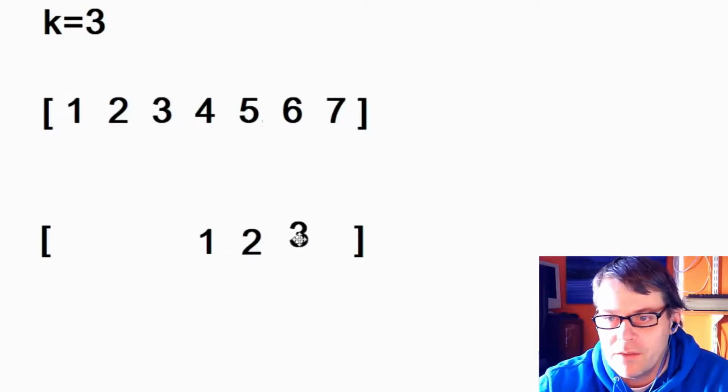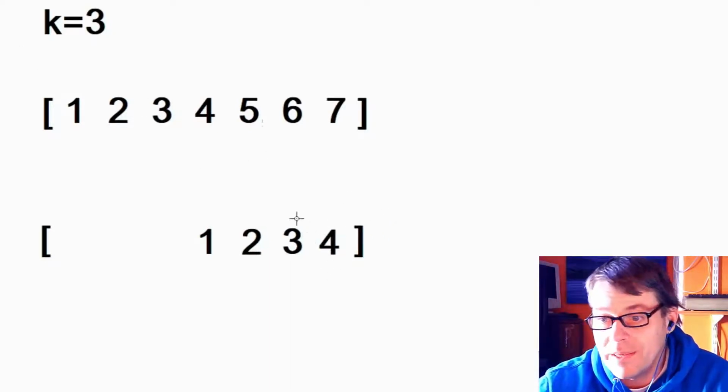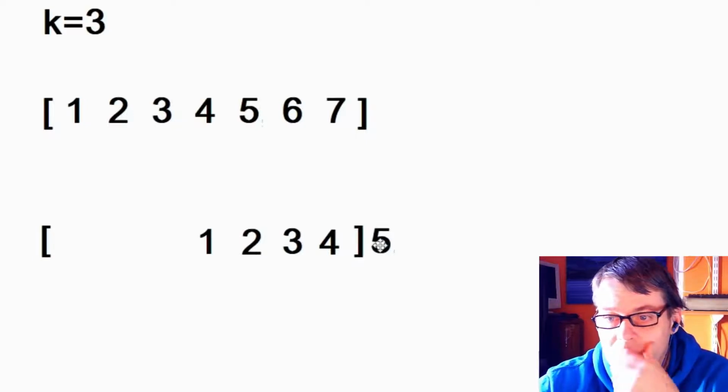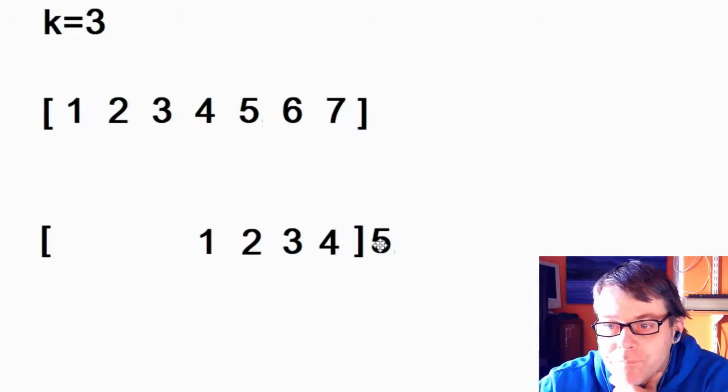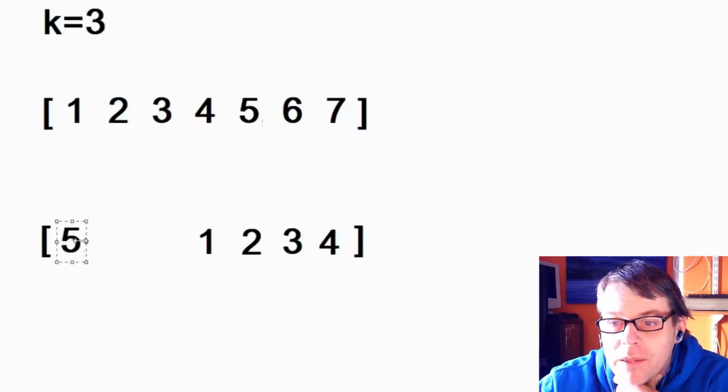But the thing is, as we go through, we're going to check to see if we overflow. What we can do is mod the length of the array from where we're putting it. So here we want to put it there into position 8, which is index 7. But if we do mod 7 on that 8, which is the remainder of the division, then we'll divide the value by 7, the remainder will be 0, and we'll put it there.